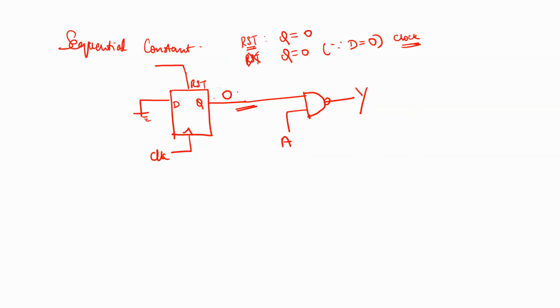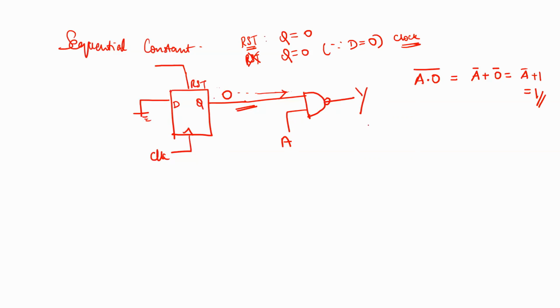Now this 0 sort of propagates down and this becomes A dot 0 the whole bar, which is A bar plus 0 bar, which is A bar plus 1, which is always 1.